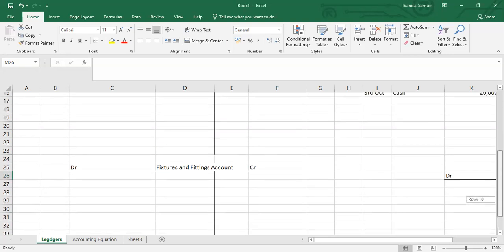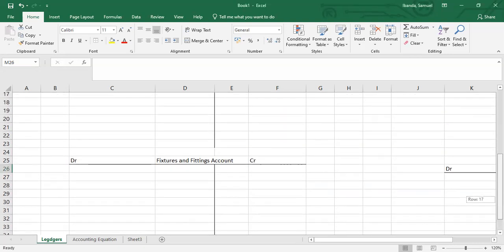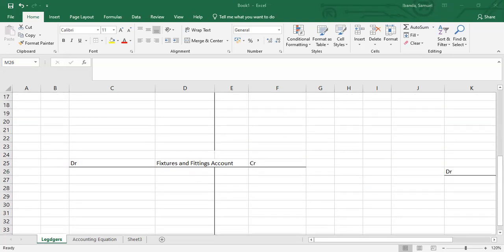So what we have here, they're telling us we bought fixtures and fittings worth 48,000. So we shall come and debit. This was on the 4th.